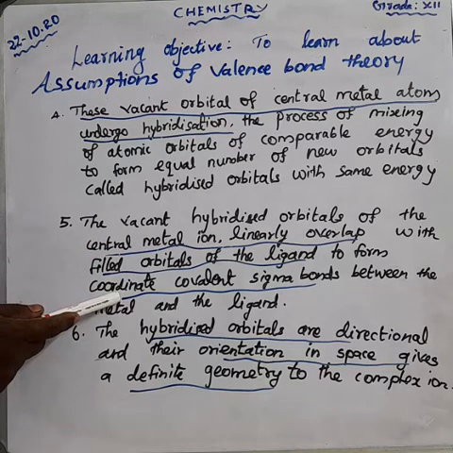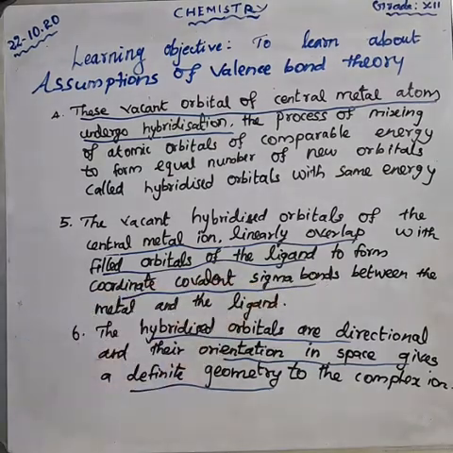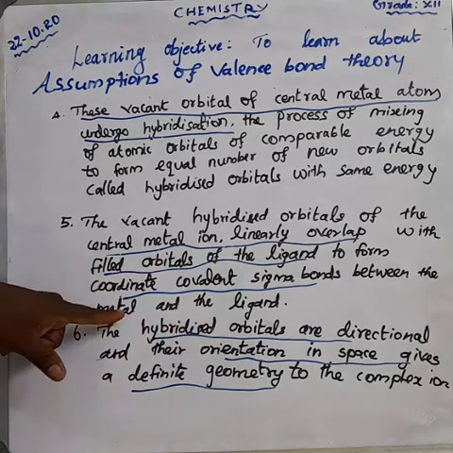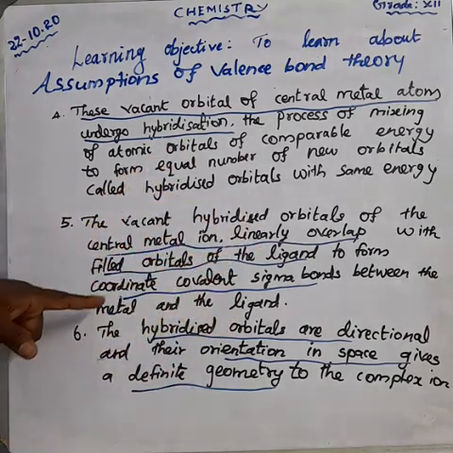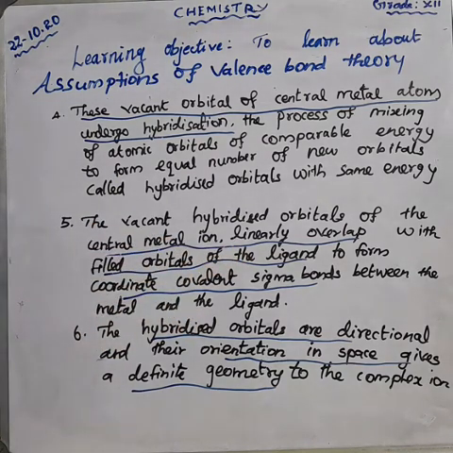A coordinate covalent sigma bond between the metal and the ligand. Now the metal and ligand have which bond? A coordinate covalent sigma bond.